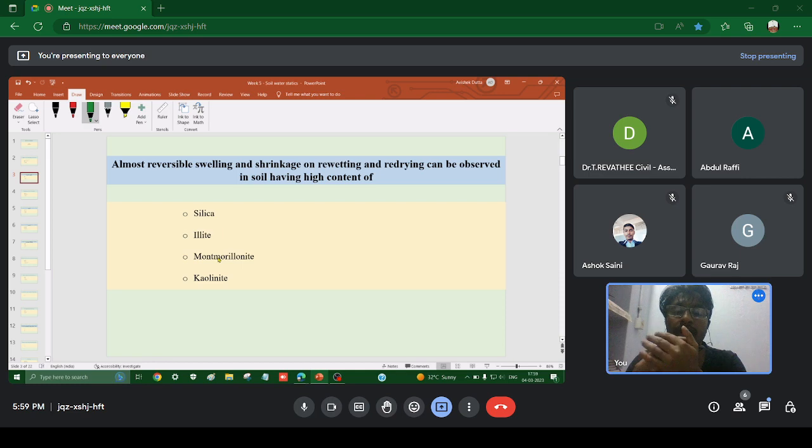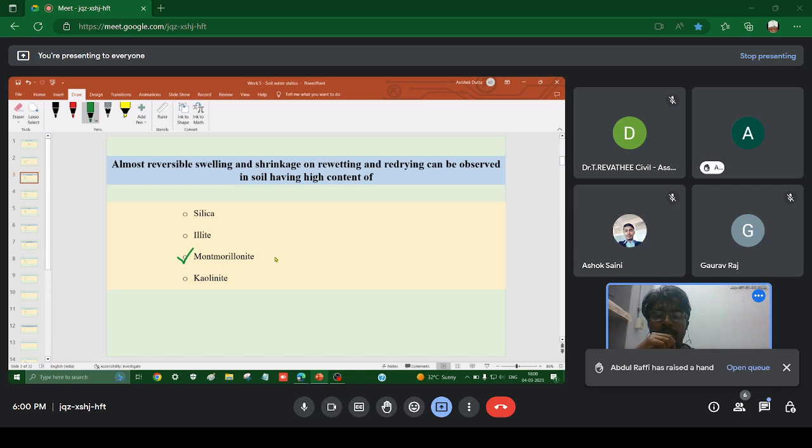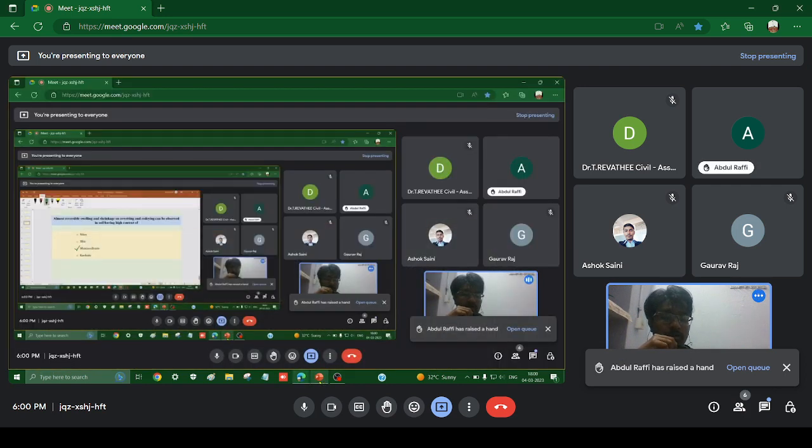Hence, when a soil goes through re-wetting and re-drying cycles, we can observe a large amount of swelling and shrinkage, and the reaction is almost reversible, because the one which will swell is the one which will shrink. That happens in the presence of montmorillonite. Illite and kaolinite are stable minerals. Yes, Abdul, you have a doubt?